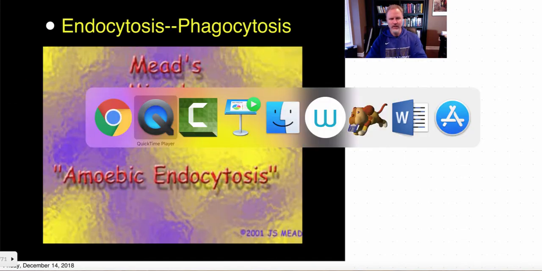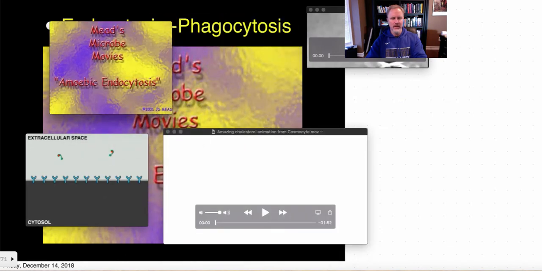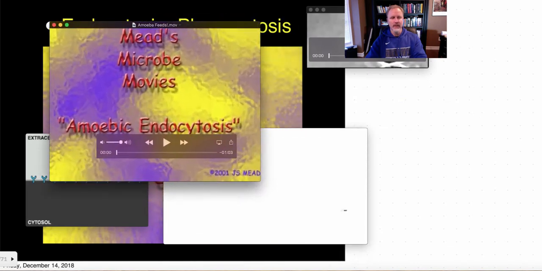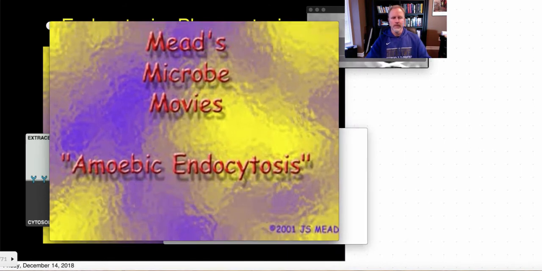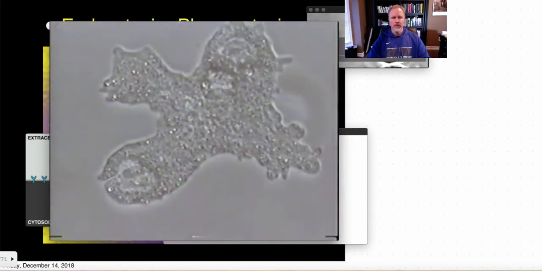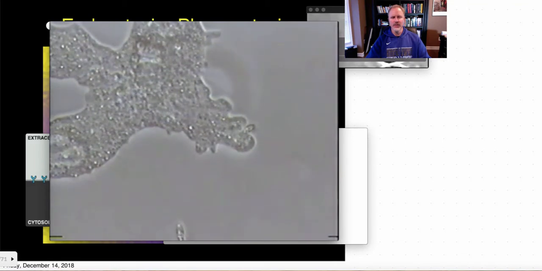If we look at this particular video, we can see the process of endocytosis. This is an amoeba that's extending its pseudopods outward.